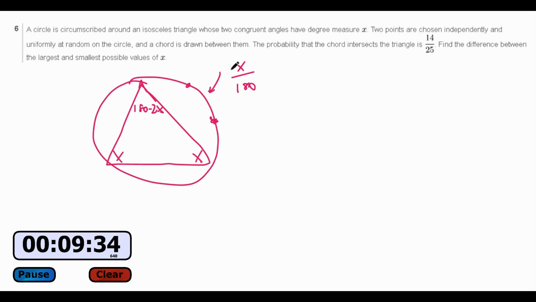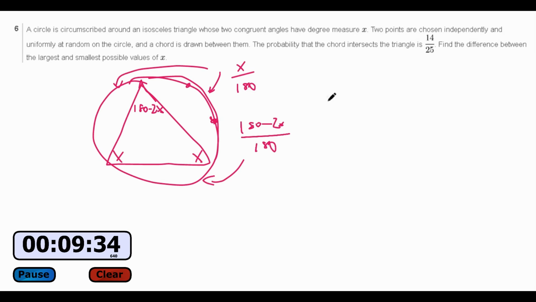Because this arc has length 2x and the entire circle has length 360, so the probability is x over 180. And the same thing for this one. It's also going to be x over 180. And for this one, the probability is going to be 180 minus 2x over 180.